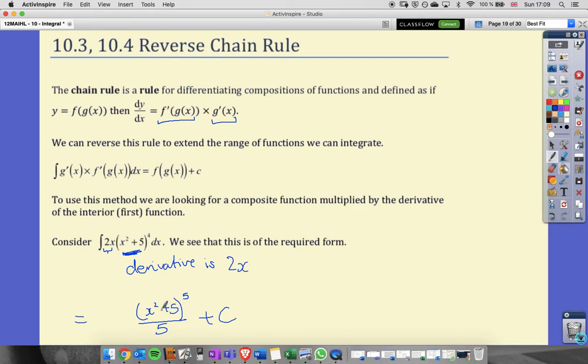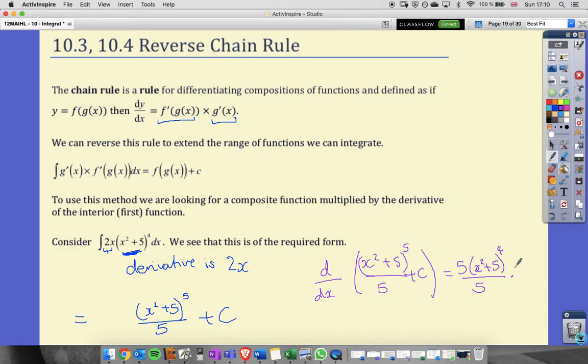If I differentiated this using the chain rule, I'd multiply by the power, so that would give me a 5. So let's differentiate this in another colour over here. I'm going to differentiate all of this. So I would multiply by the power, I'd reduce the power by 1, and because it's a composite and I'm using the chain rule, I'd multiply by the derivative of the inside.